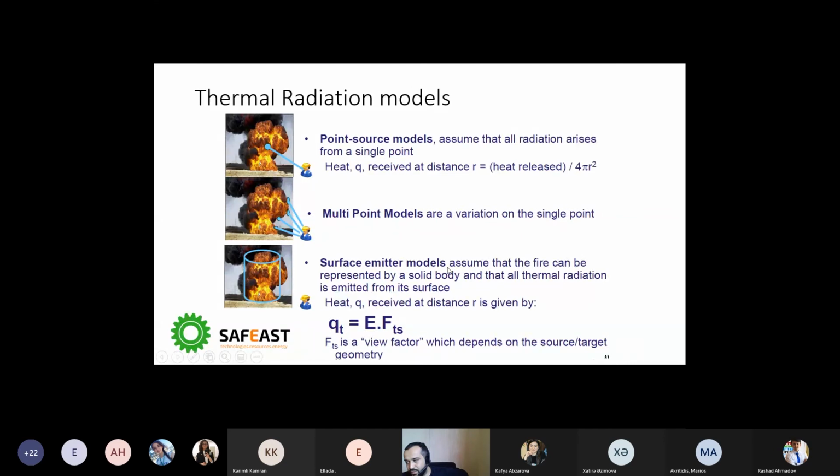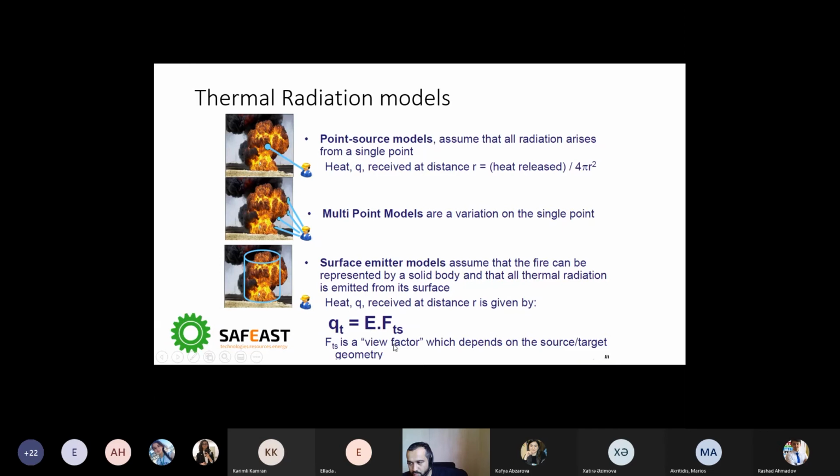So you assume the fire is a solid body, like a cylinder, and you say that all the thermal radiation is emitted from its surface. Whatever that surface is, you can calculate it as the surface of the cylinder. Then an individual close to the source of this fire will receive a certain amount of this Q at a distance, and this is determined by the view factor.